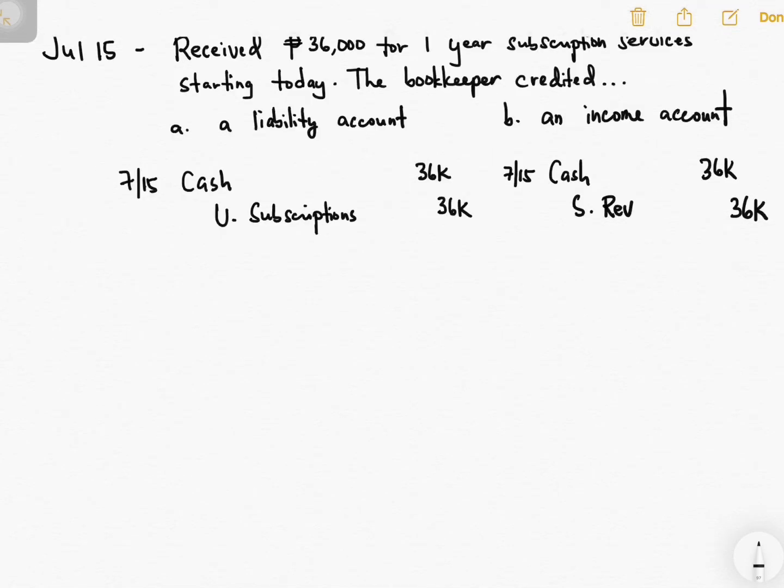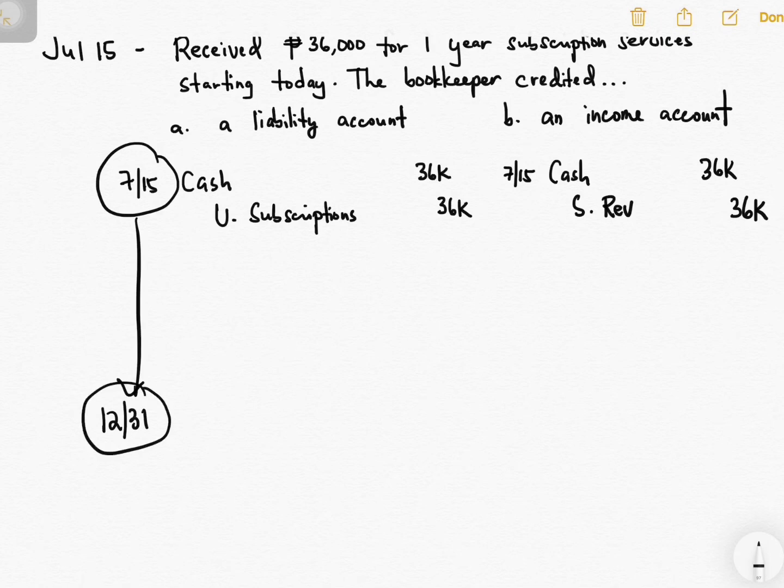Assuming that you are using calendar year, you will prepare the adjusting entry on December 31, because December 31 is the time when you prepare the financial statements. So before the adjusting entry, how long will it take you to reach December 31 if you're starting from July 15?